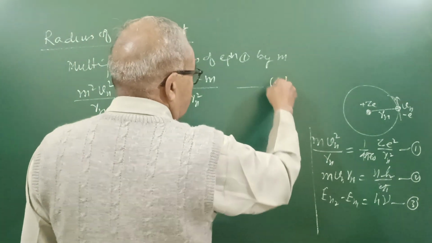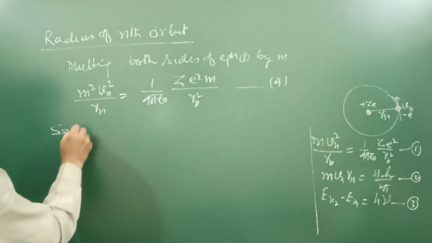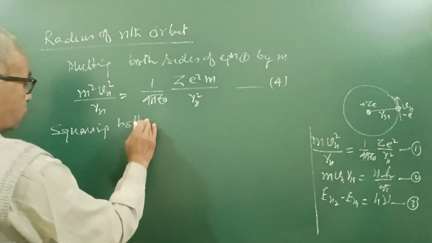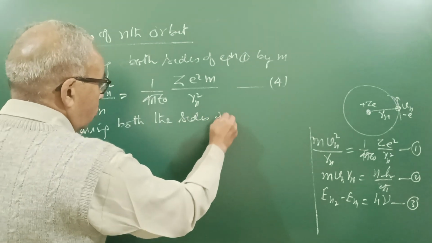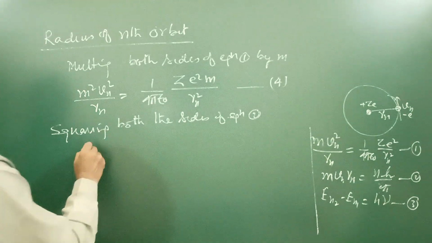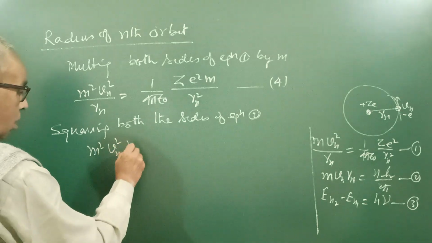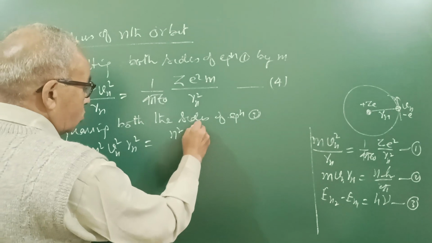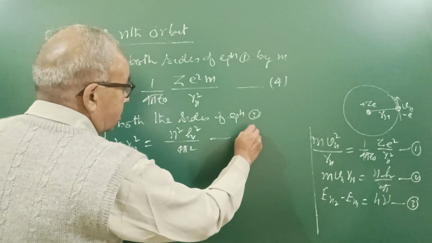Then squaring both sides of equation 2, you get m square Vn square Rn square equal to n square h square upon 4 pi square. This is equation 5.